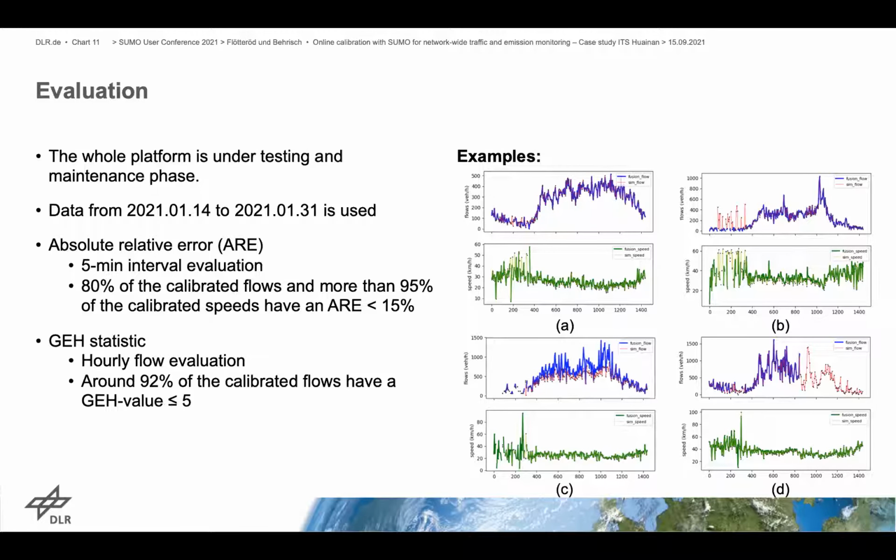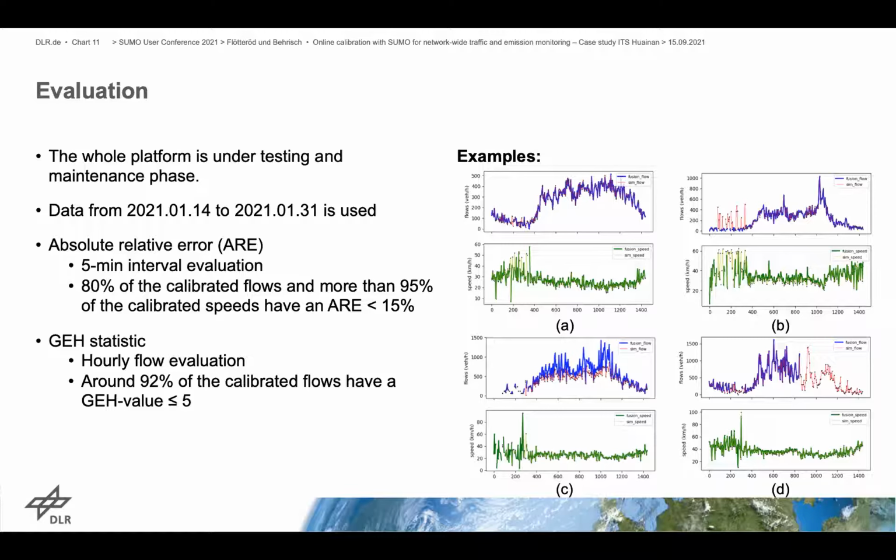Around 80% of the calibrated flows and 95% of the calibrated speeds have an absolute relative error less than 15%. We also evaluated the flow data at hourly level with the empirical GEH statistic, and the result shows that around 92% of the calibrated flows have a GEH value less than or equal to 5. So it indicates a good fit here.